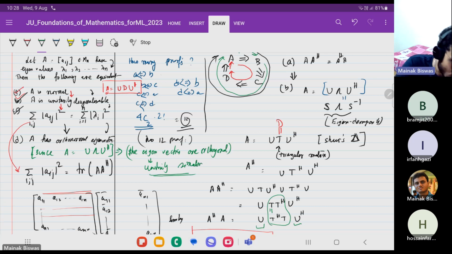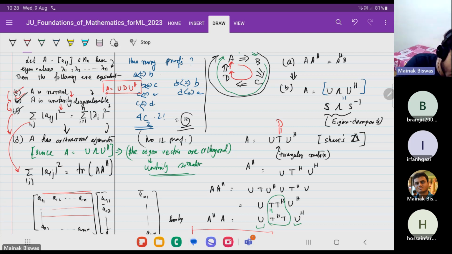If you are a bit confused about why I am doing it this way, just reorder these two. So do this proof as A to B, B to D, and so on. So tell me, how do I show A to B is done, B to C is done, C to D also will do. C to D, how will I do?